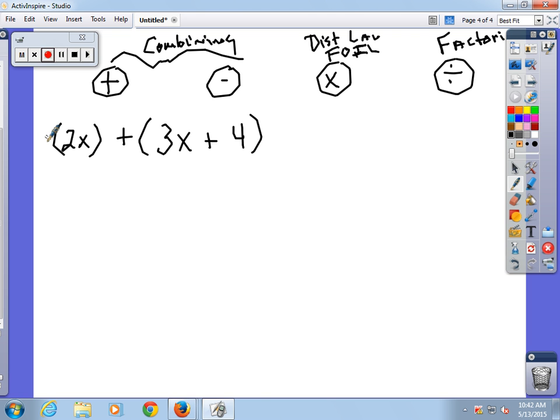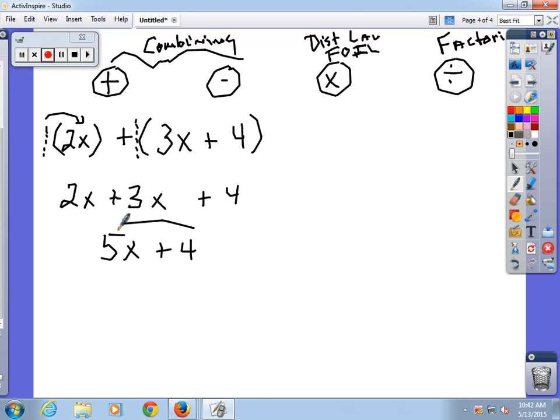So I've got a positive 1 here and a positive 1 here. To get rid of the parentheses, I distribute. So 1 times 2x is 2x, 1 times 3x is 3x, and 1 times 4 is 4. And what's the only thing you can combine now? That's 5x plus 4. And that's how you combine polynomials.